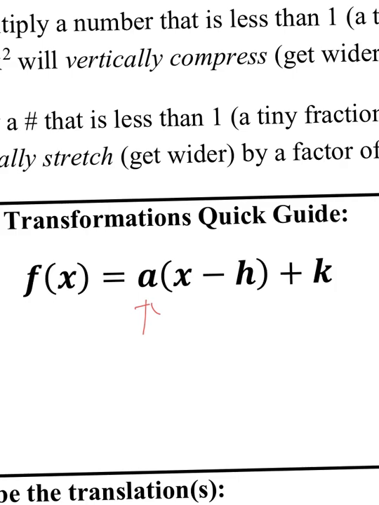But just knowing that if you have that number out in front, it's going to stretch or compress it. And then I just added, if it's negative, it'll reflect. It won't change the stretch or compress, but it'll make it reflect either over the x or over the y.